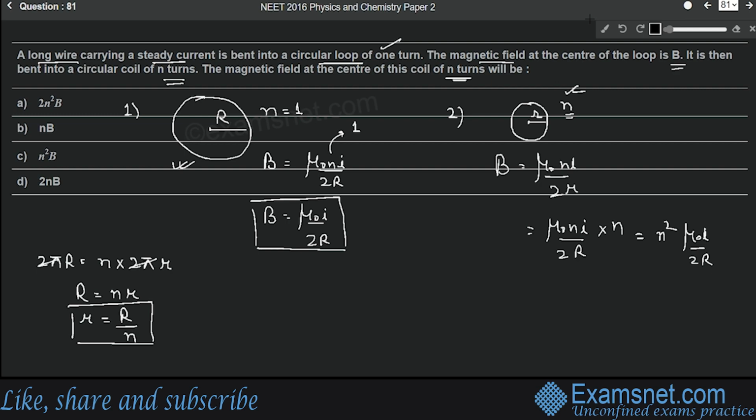So can we say that mu naught I by 2R is equal to B? So it can be written as N square times B, okay. If B dash is the magnetic field at the center of the smaller loop, then B dash is equal to N square times the magnetic field of the bigger loop, okay. So option C, N square times B, will be the correct answer.